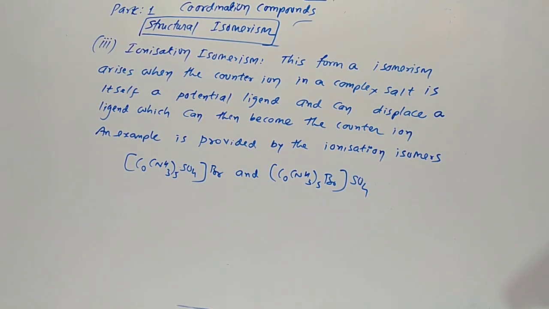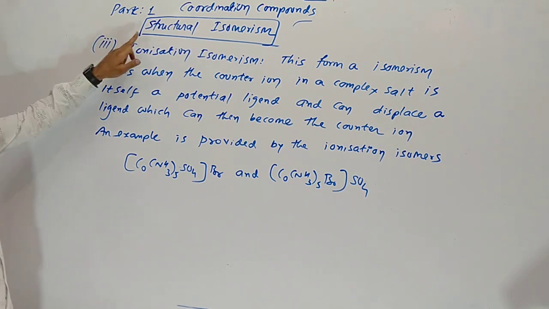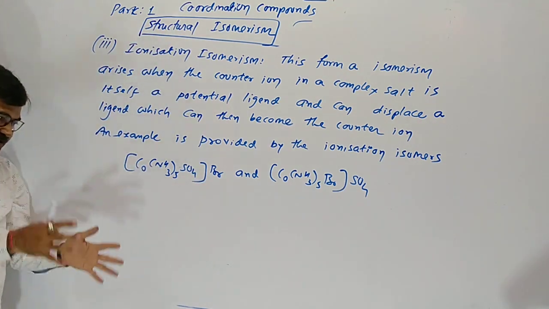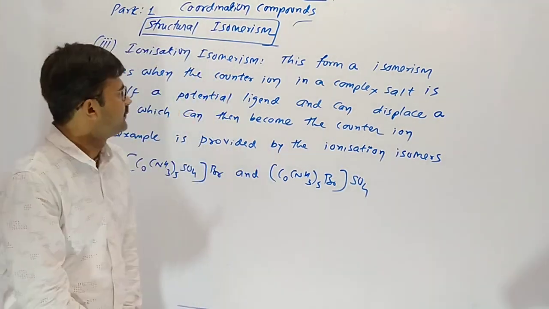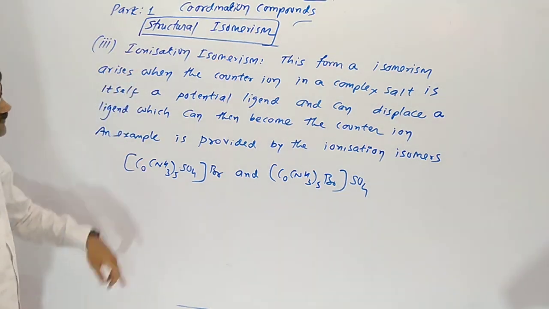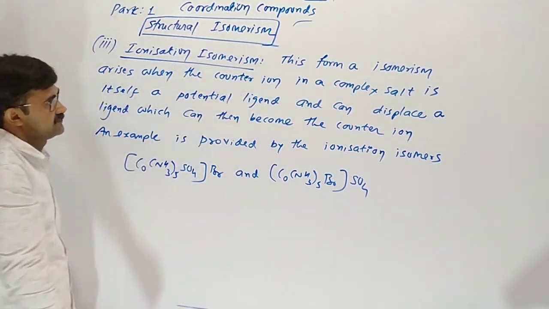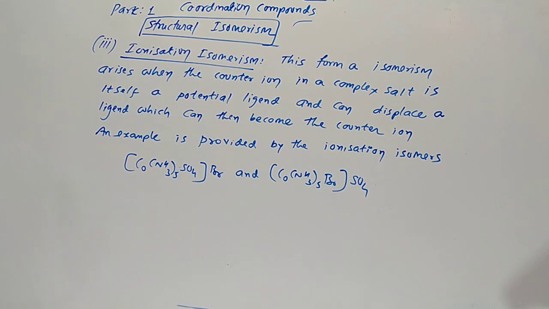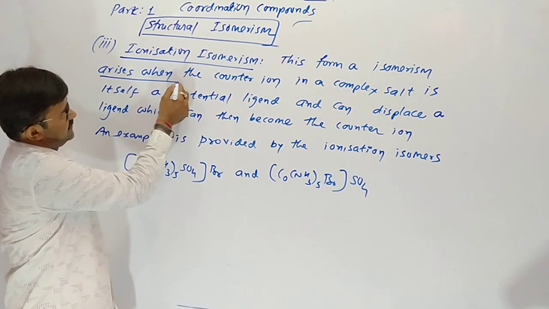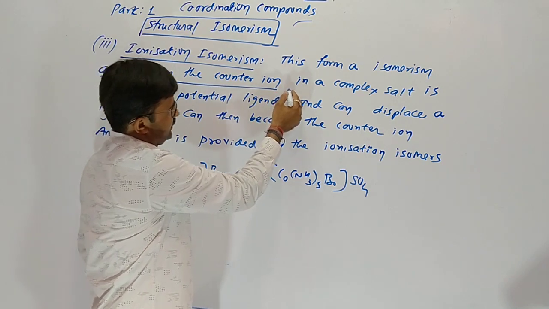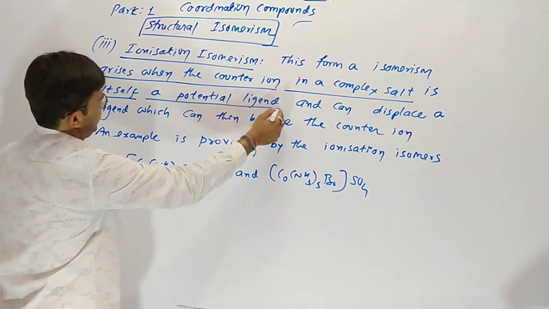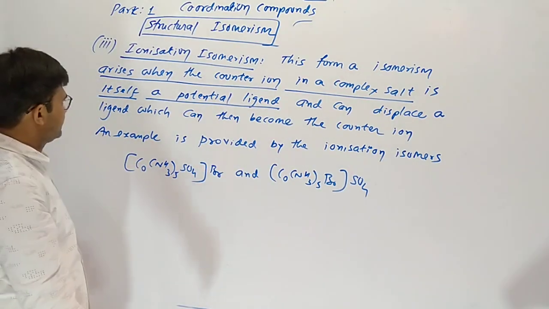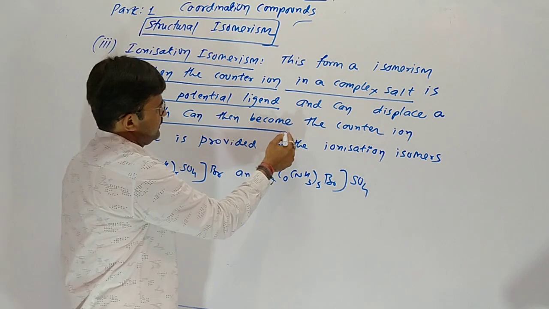Now the third is ionization isomerism of structural isomerism. I told you once again, there are 4 types of structural isomerism, my dear students. The third one is ionization isomerism. This form of isomerism arises when the counter ion in a complex salt is itself a potential ligand and can displace a ligand, which can then become the counter ion.